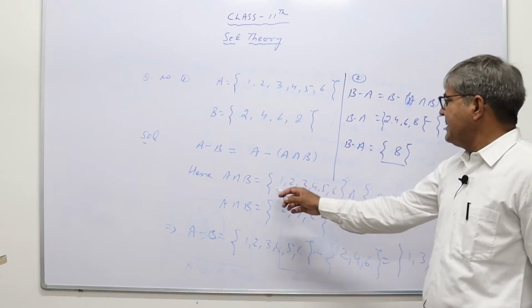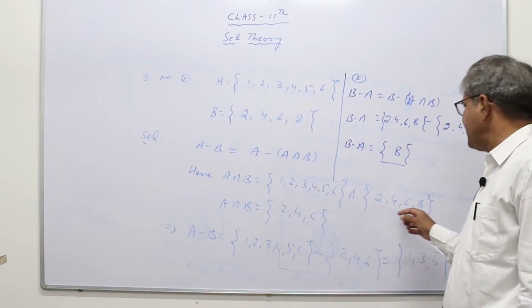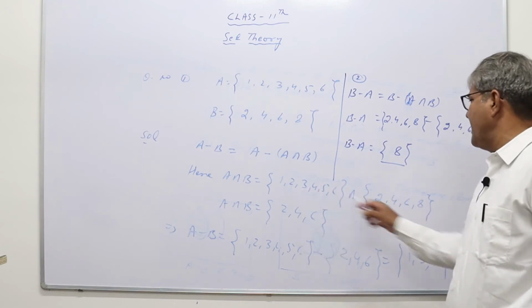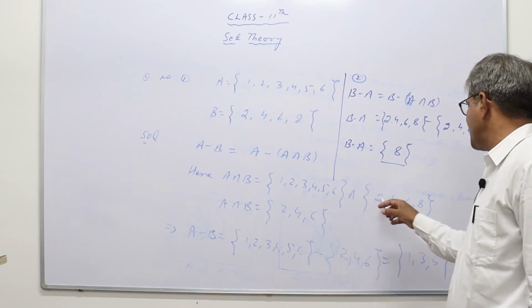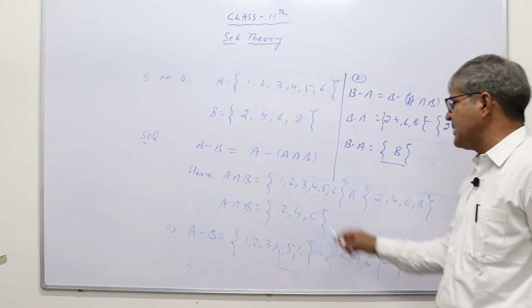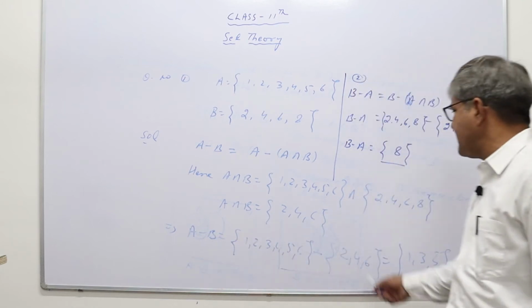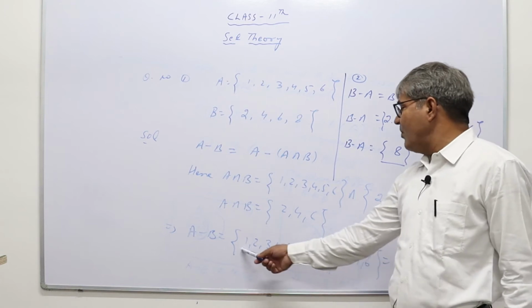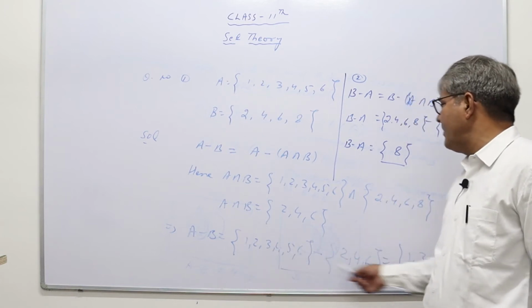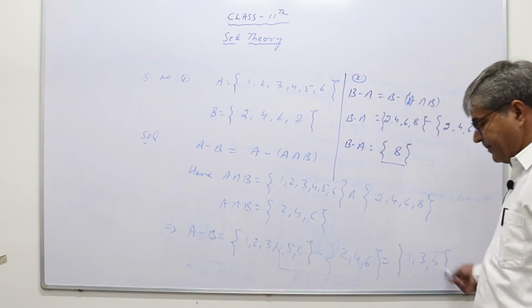So A intersection B will be, write the first set A, use the intersection symbol, then set B. Now observe which are the common elements. So here 2, 4 and 6 are common. So A intersection B is 2, 4, 6. Now for A minus B, A minus of A intersection B, we will write all the elements of set A and then subtract the common elements of sets A and B. This will be A minus B.